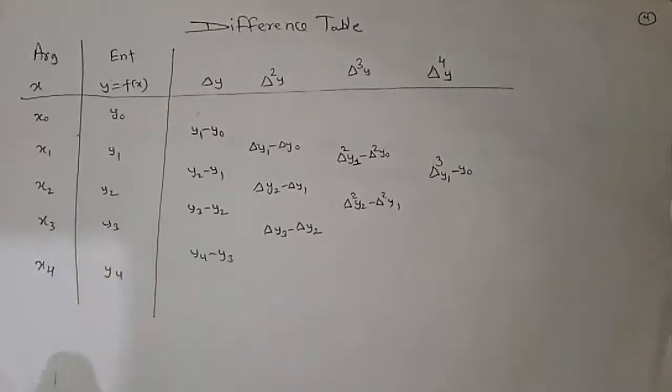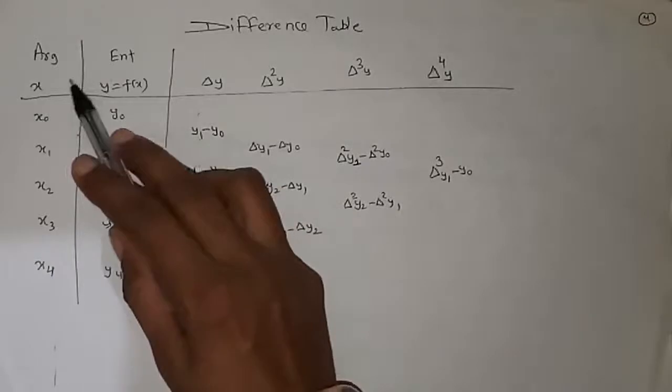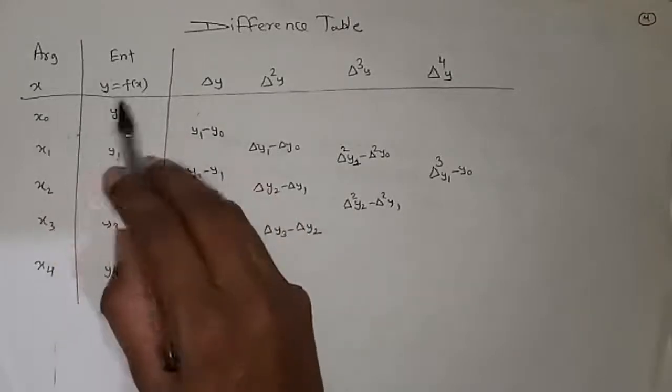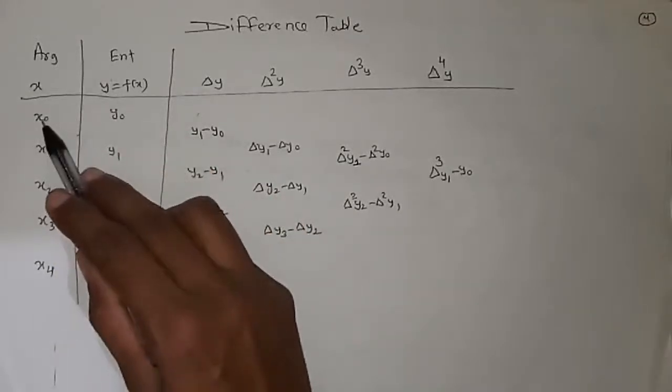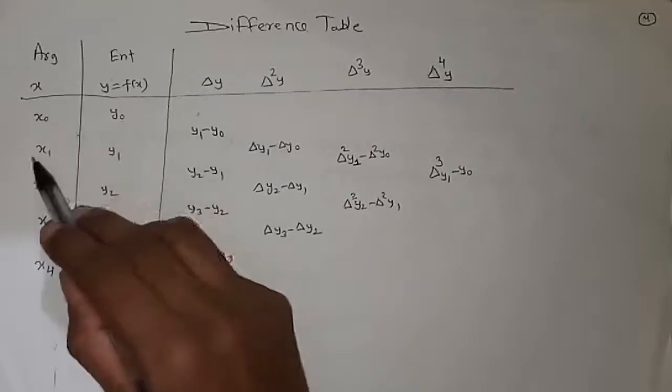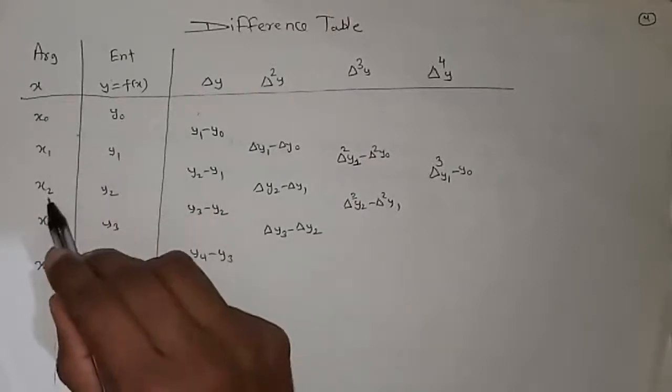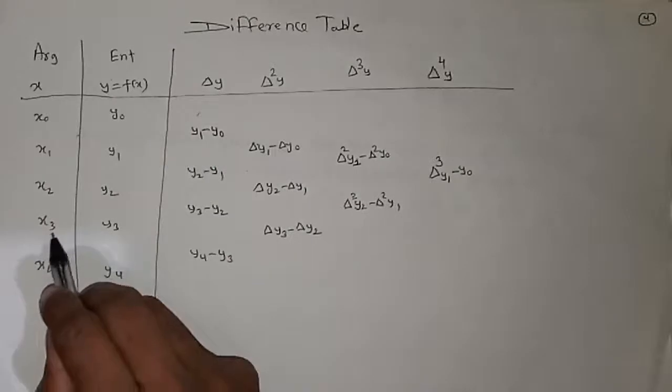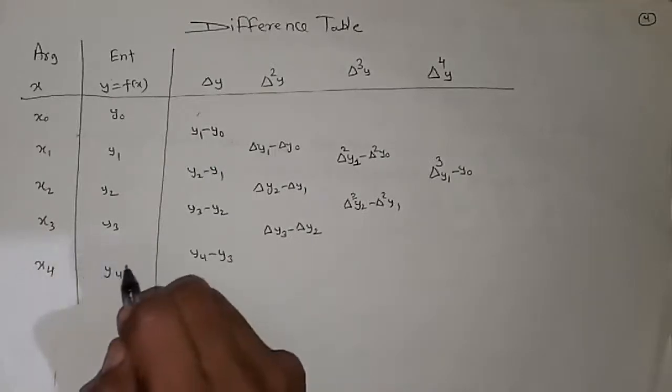You can write up to where you want. And according to these arguments we have the entry y equal to f of x. So for x naught my entry is y naught, for x1 my entry is y1, for x2 my entry is y2, for x3 the entry is y3, and for x4 the entry is y4.